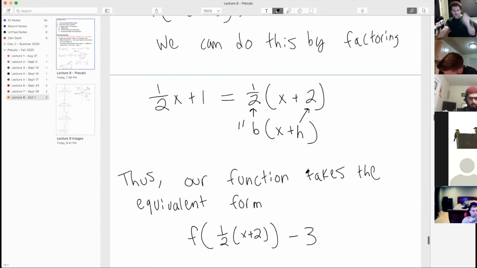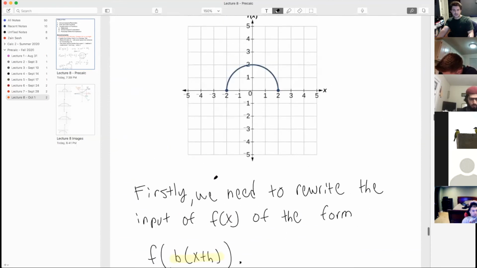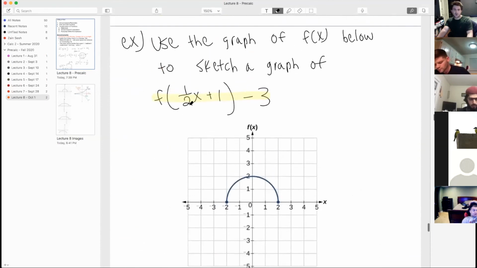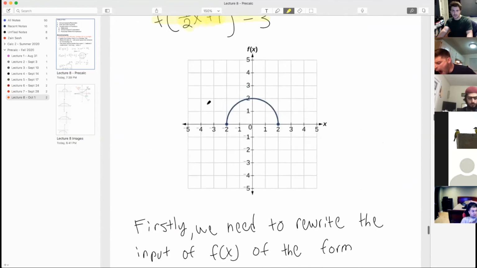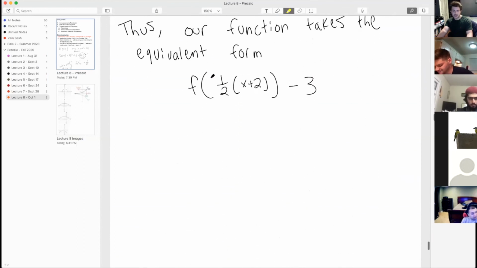I hope everyone realizes what has been done here. The function that was given to us was f of 1/2 x plus 1, minus 3. I just went in and rewrote the input of f so it was of the correct form. So the 1/2 x plus 1 got replaced with 1/2 times x plus 2, and the minus 3 stayed. The reason why we do this is so we can apply the correct order of transformations.